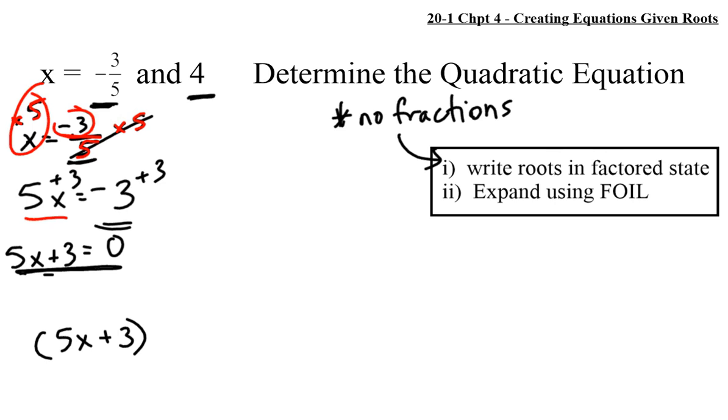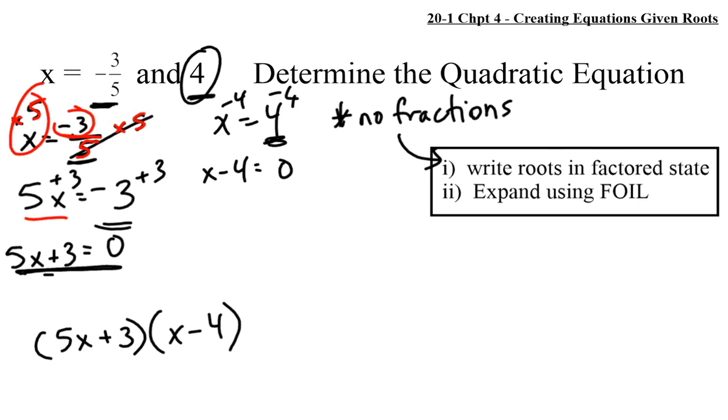There's our first factored state. And now the 4, well, we have x equal to 4. We want it to be 0. So we're going to subtract 4, and x minus 4 equals 0. So that's our second factored state. And a quadratic equation has to equal 0.